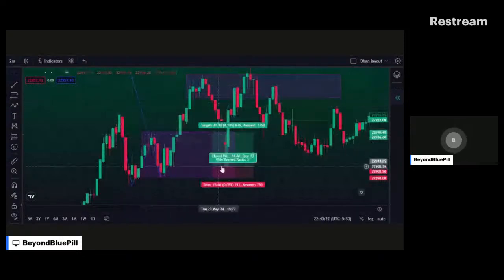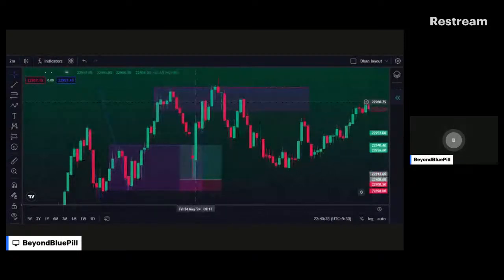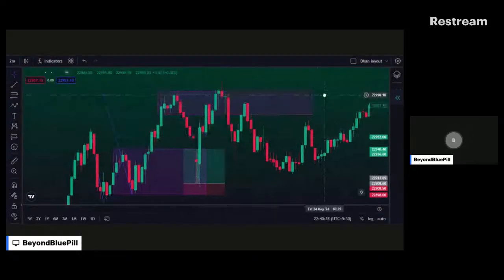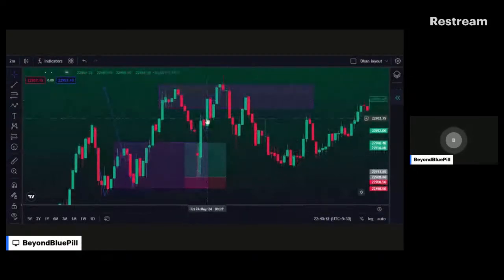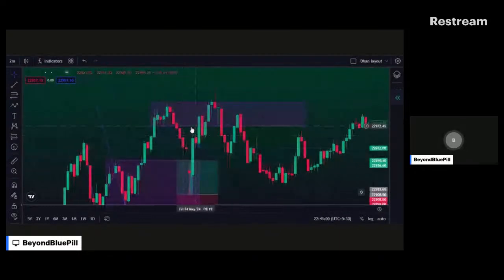We just tapped into a higher time frame zone and mitigated it, and we are coming to take the high, or the new high, or the next zone above. So when price comes in here and you see an imbalance, you wouldn't be going for a huge push. Yeah, you can take 5 to 10 points from here. If you're a scalper, you can get in here.